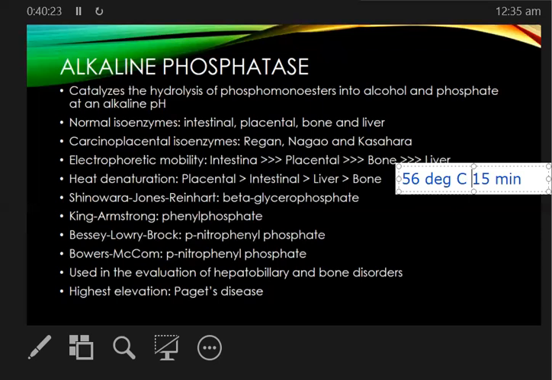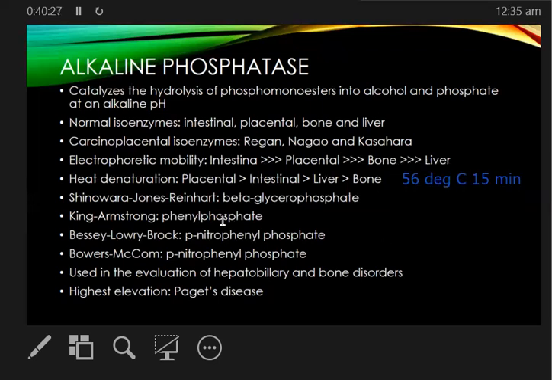What they usually ask, aside from those that I have mentioned, please also include in your review the different substrates that are utilized for the assay of your alkaline phosphatase. For Shinowara-Jones-Reinhart, it makes use of the substrate beta glycerophosphate.